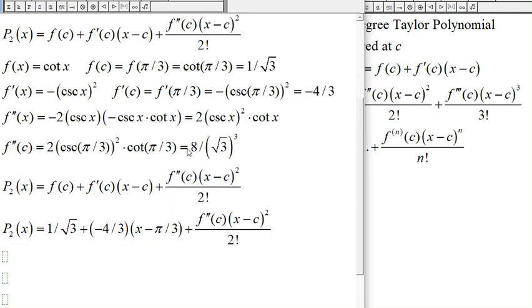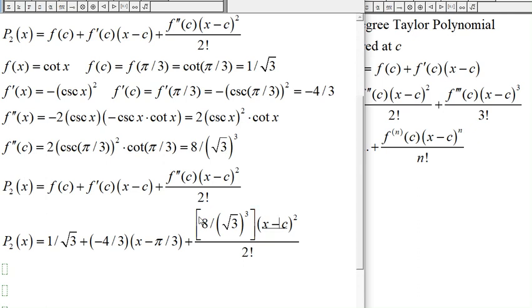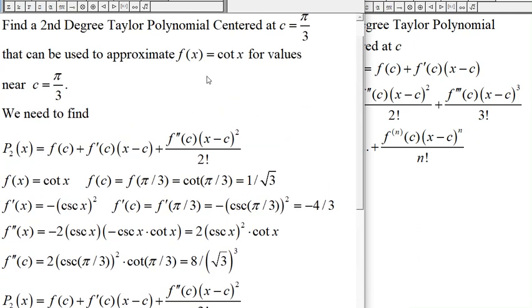Second derivative at c is 8 divided by this. And this is x minus pi over 3. And then 2 factorial is just 2. And this is called a second degree Taylor polynomial, corresponding to the function f of x equal to cotangent of x.